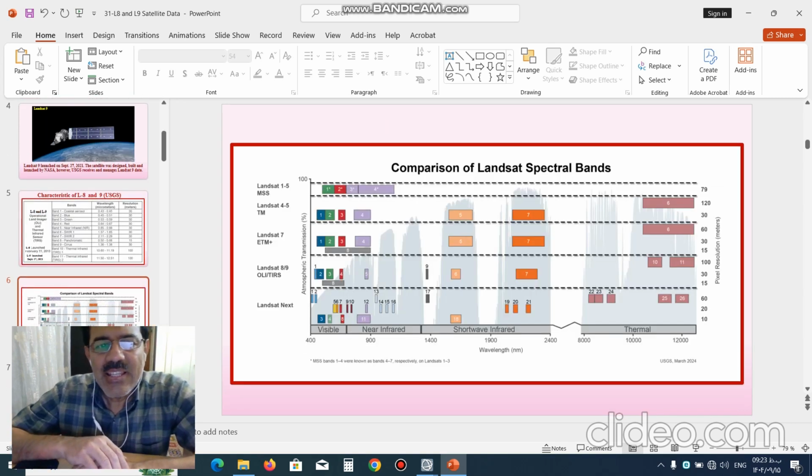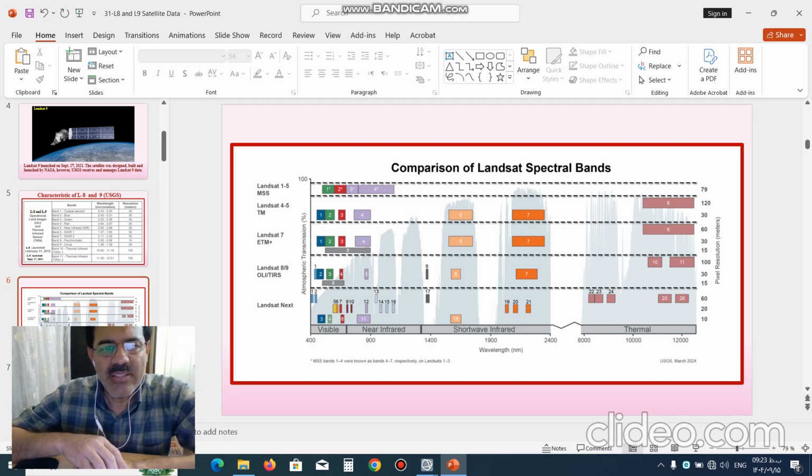And this slide is showing a comparison of Landsat spectral bands, and we can see Landsat 8 and Landsat 9 have two sensors: OLI means operational land imager, and TIRS thermal infrared sensor.